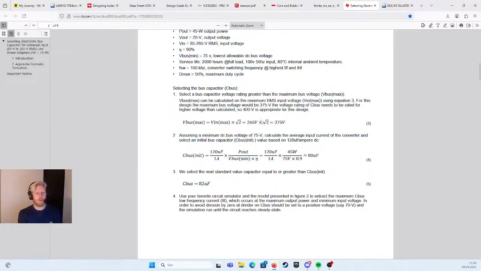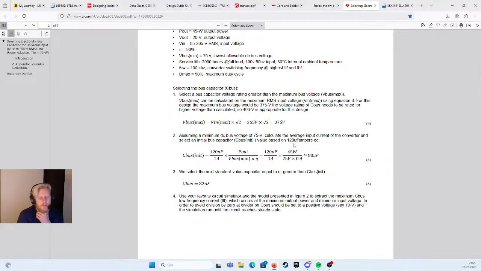Now we need a voltage rating, and that's the highest DC voltage that we can expect, which is 375. And the minimum 75. Calculate the average input current of the converters. Select an initial bus capacitor value based on 100.